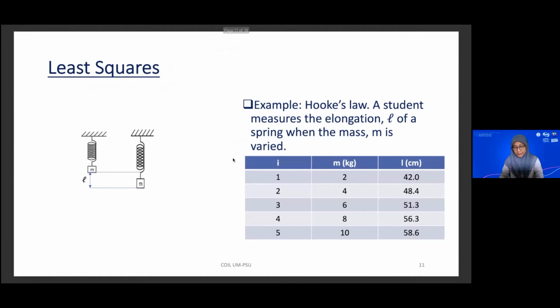Okay, so this is an example. I'm taking this from my lecture. Because I'm teaching in a physics department, we have Hooke's law, and some measurements of mass and also the length of the spring. When we do some experiments in the lab, we change the mass, and then we see how the length will elongate or expand.